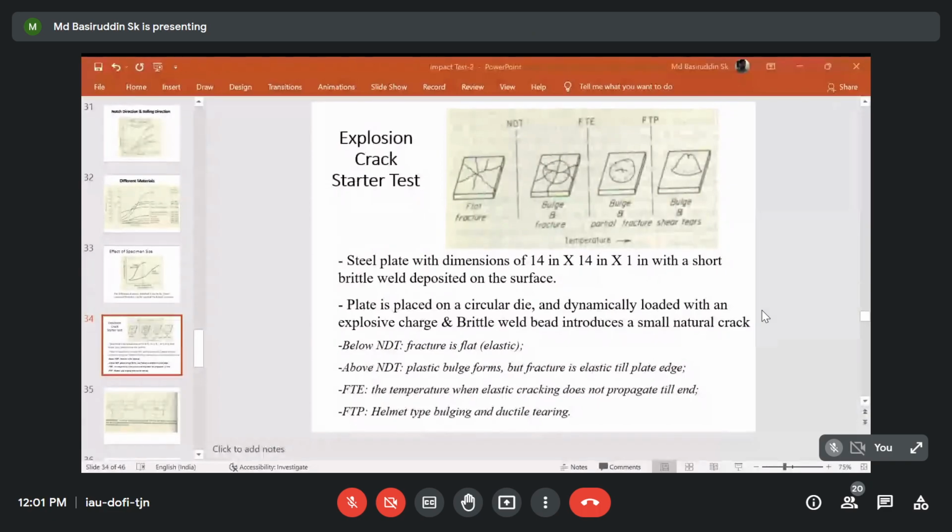I think it would be difficult for you to understand the factors that can influence the impact transition behavior, because that is related with some metallurgical aspect. So I would suggest you don't worry about the details of the metallurgical aspect, but some overview you need to know, some overall factors you need to know.